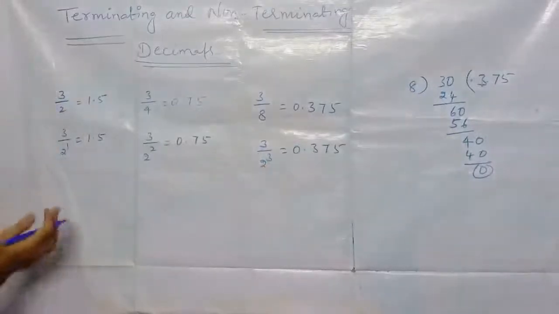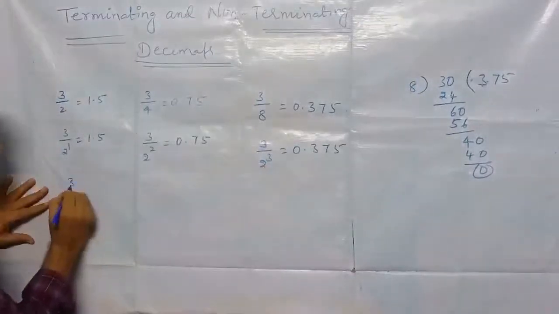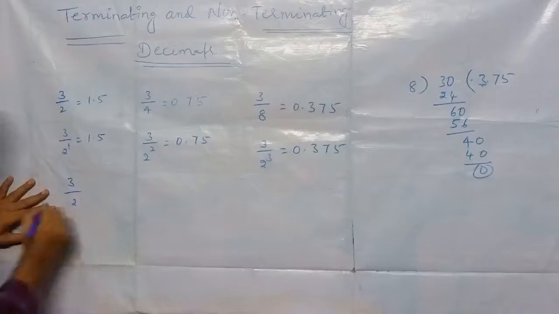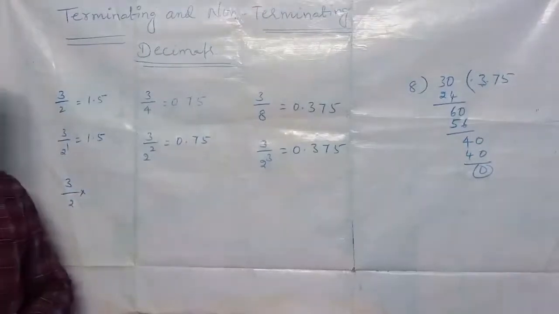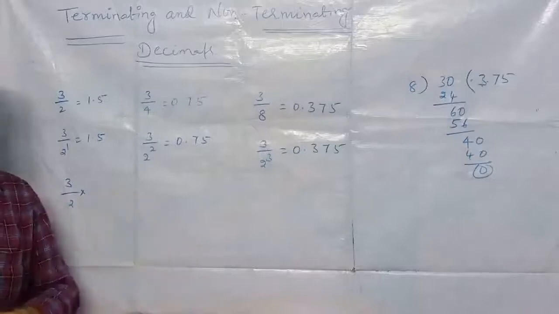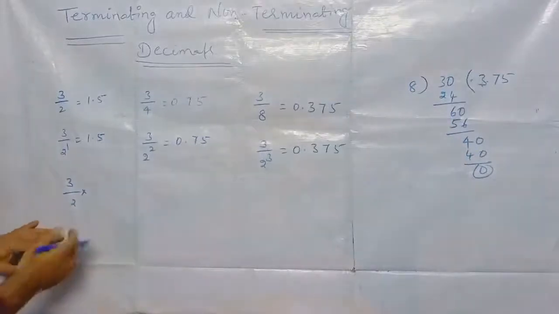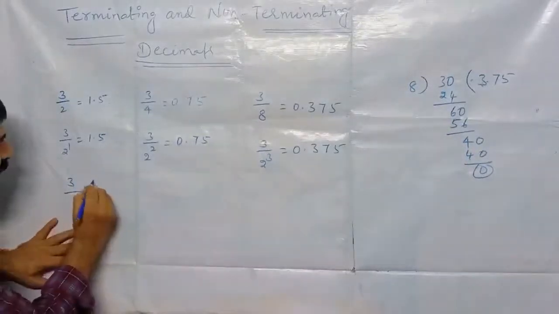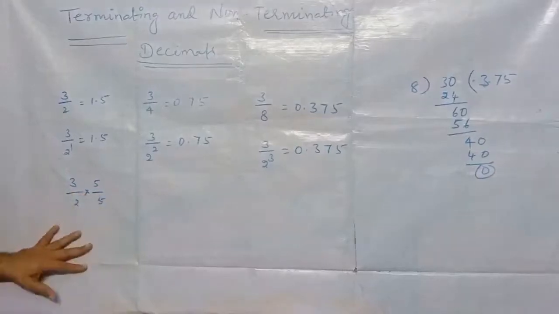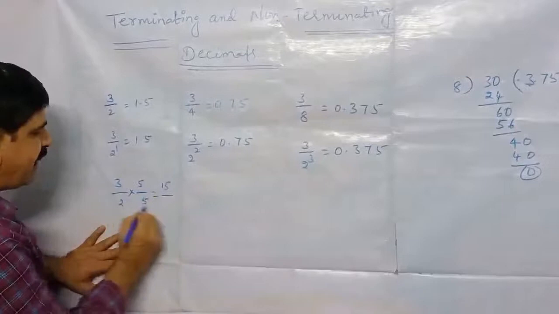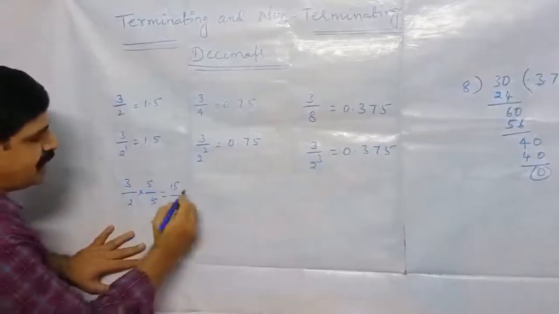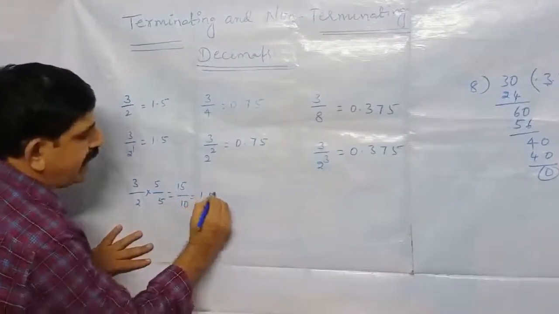The same value we can get like this: if any fraction is multiplied and divided with the same value, its value does not change. Suppose I am multiplying this one with 5 and 5. So that is 3 5s are 15 by 5 2s are 10. What is its value? 1.5.